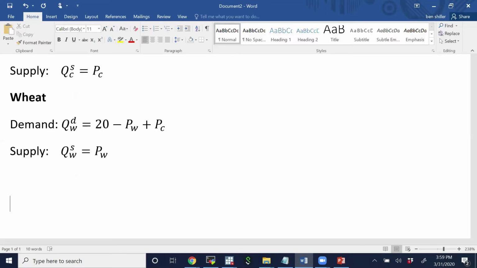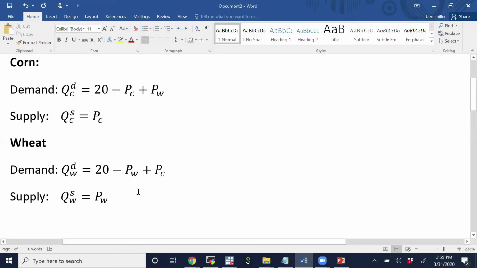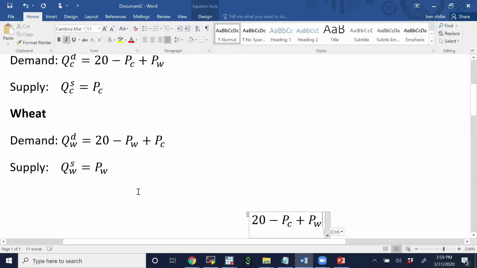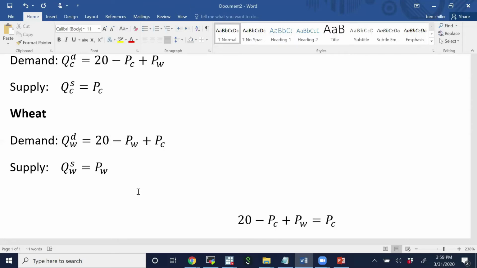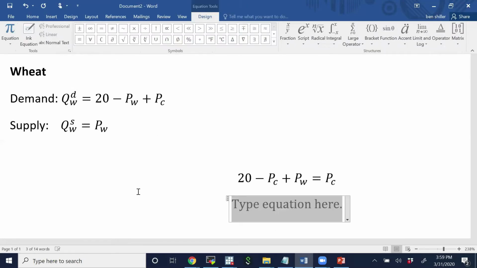So let's start here. I can just copy this. The demand for corn, which is equal to this, is equal to the supply of corn, which is simply equal to its price. Now we're going to solve this for the price of corn.